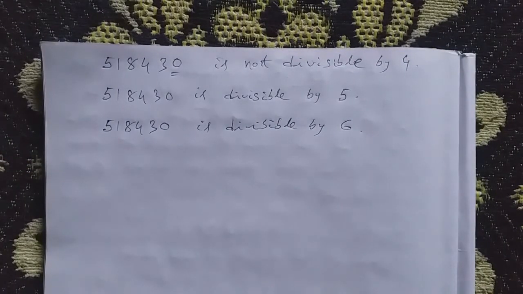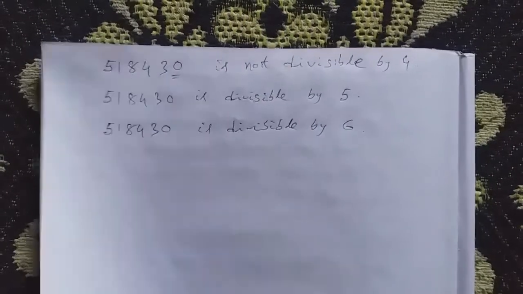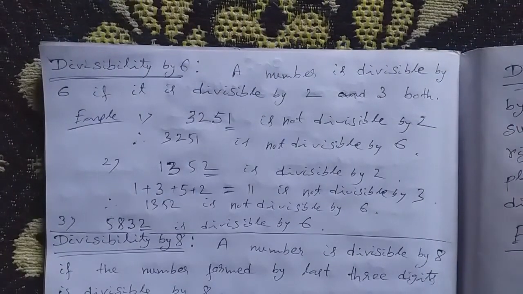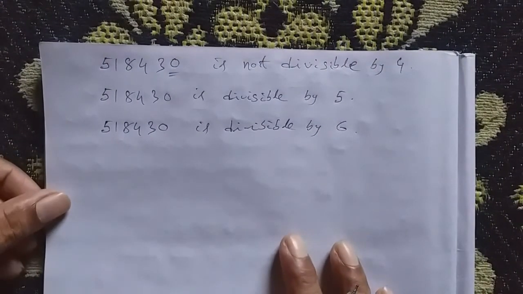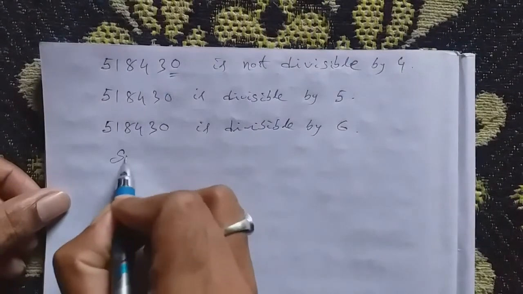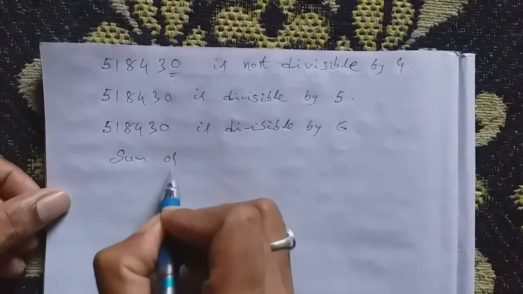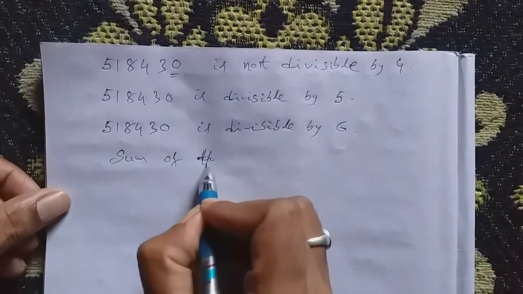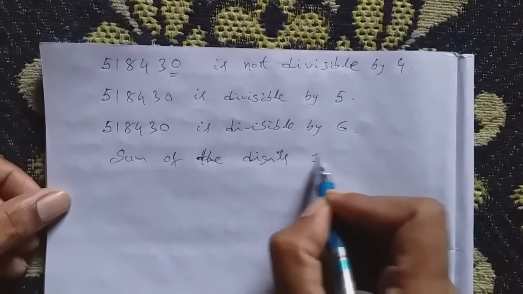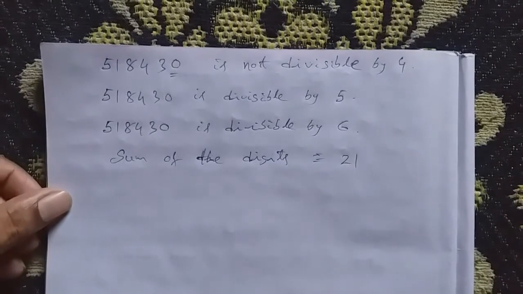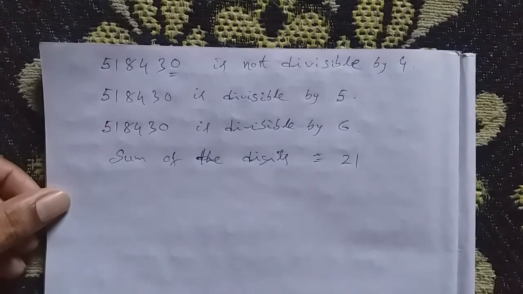Now test for divisibility by 9. In that case we will check the sum of the digits of the number. We have already found the sum of the digits, and we get 21, but 21 is not divisible by 9.